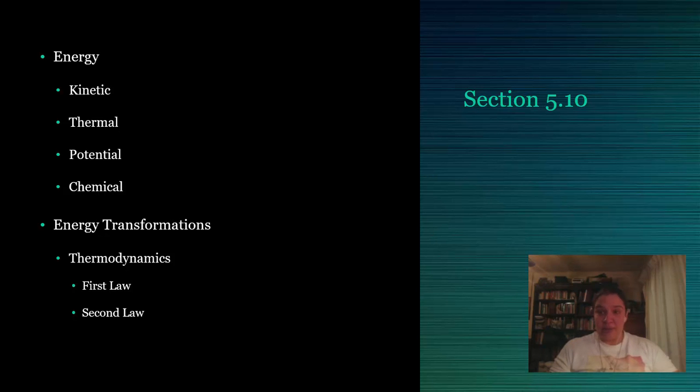Potential energy is the energy that something has either because of its location or because of its structure. An example of that structure potential energy is again in molecules. When our cells are undergoing cellular respiration, they break down glucose and use the energy that was in those bonds to help generate ATP.